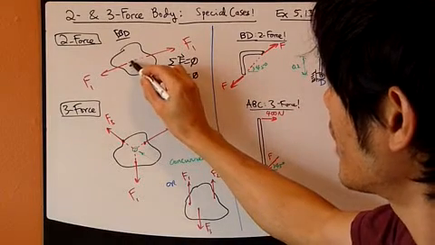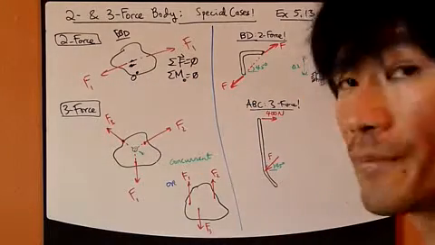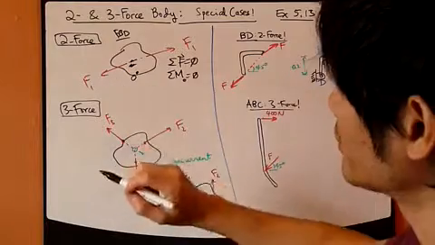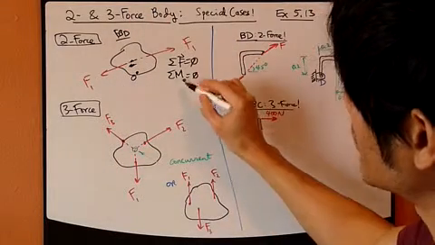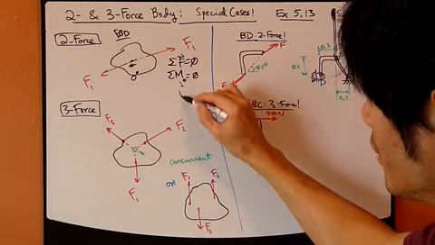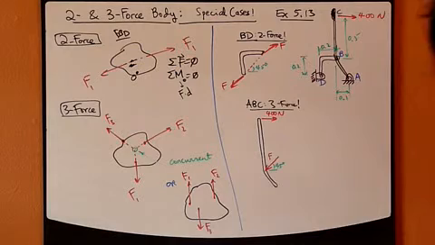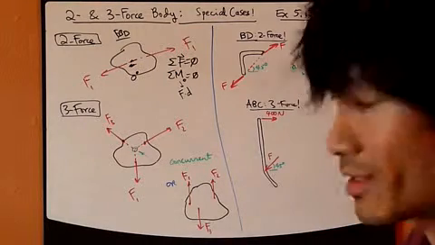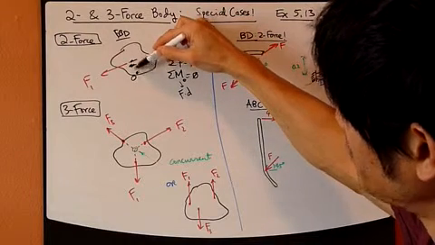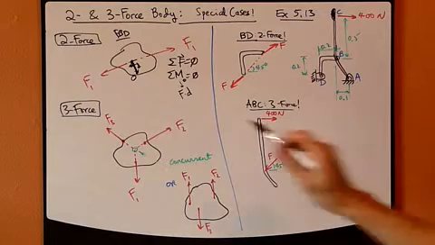But if, let's say, point O is right here, sum of moment about point O equals 0 due to these two forces, and keep in mind, in terms of the scalar, the magnitude, moment equals force times d. That's the shortest distance, the perpendicular distance, between point O and the line of action of force. So this is d.